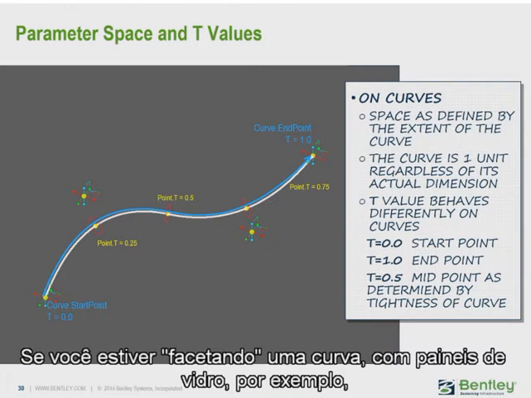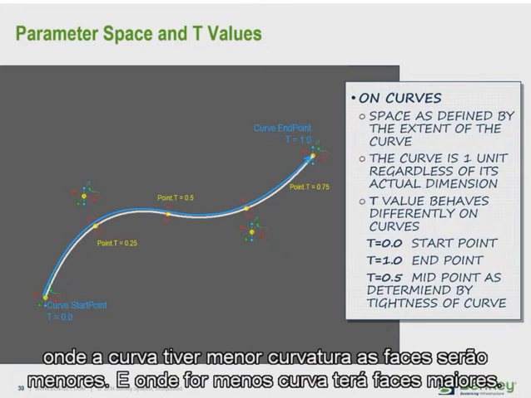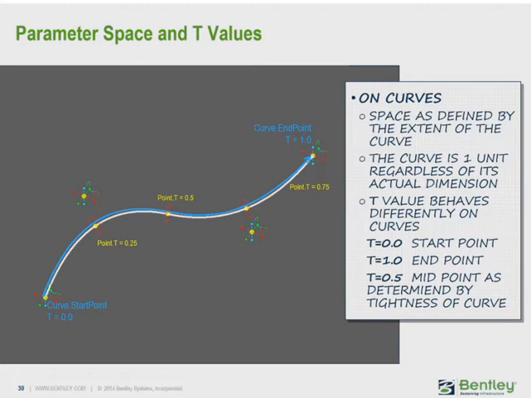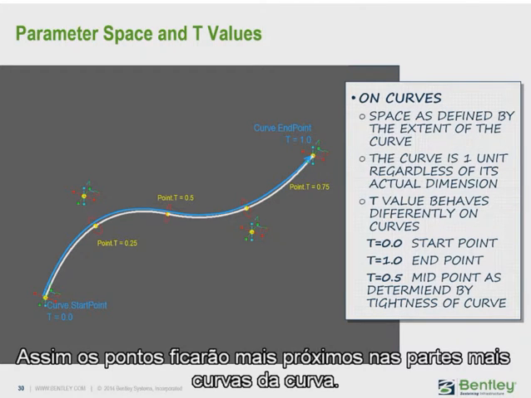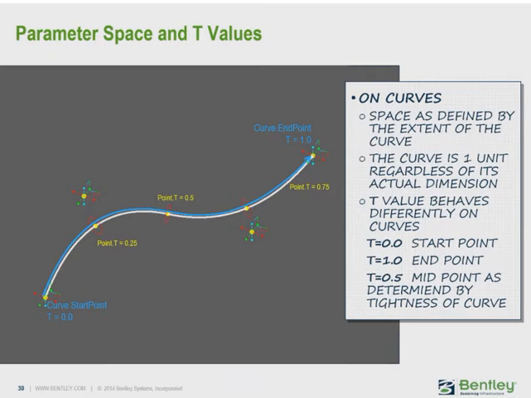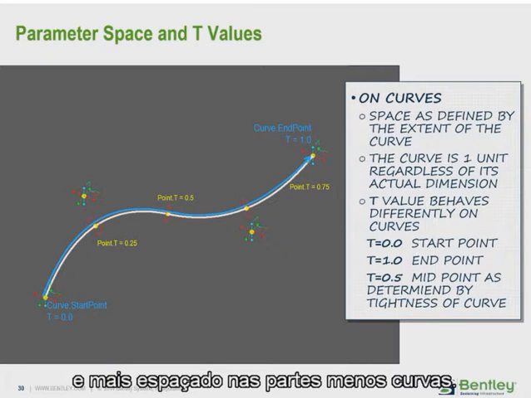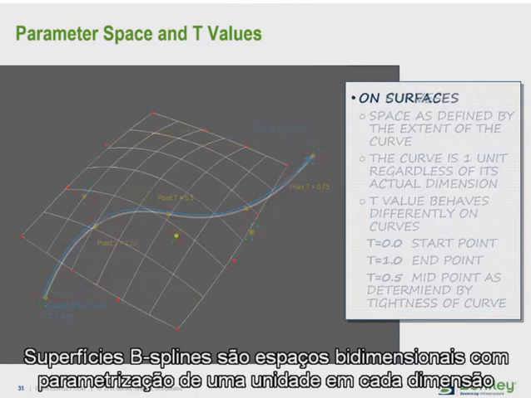If you were faceting the curve with glass panels, for instance, where the curve is tighter, you would want the facets to be smaller, and where the curve was less tight, you could have larger facets. So the points are closer together on tighter parts of the curve, and further apart on less tight portions of the curve.